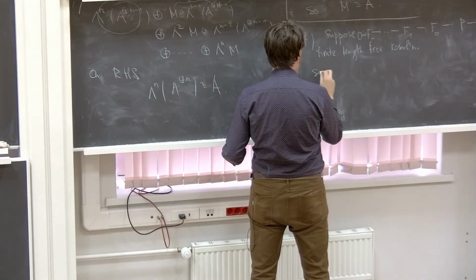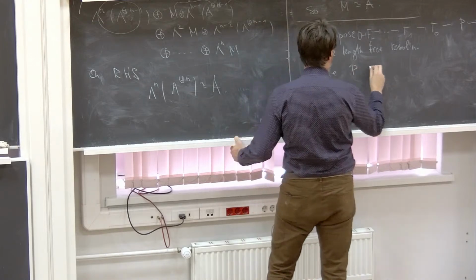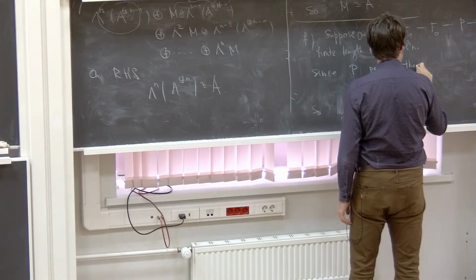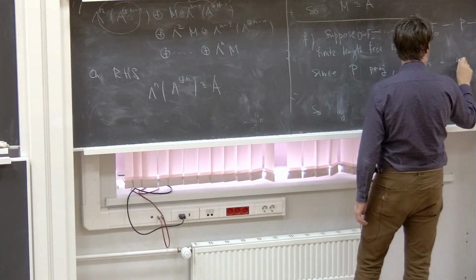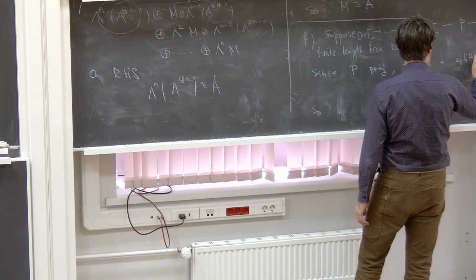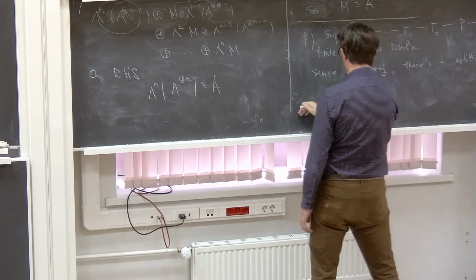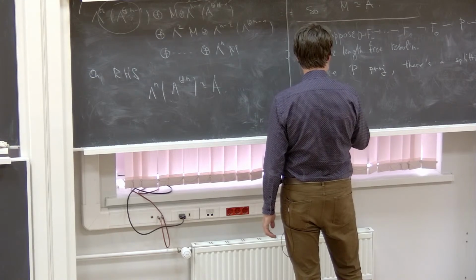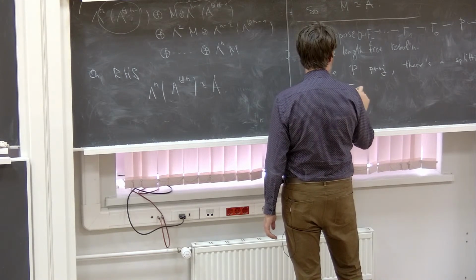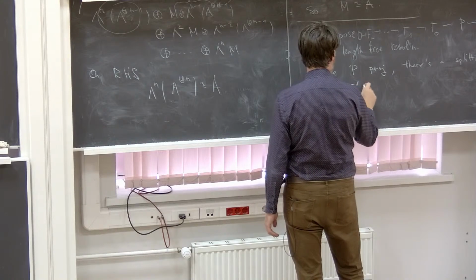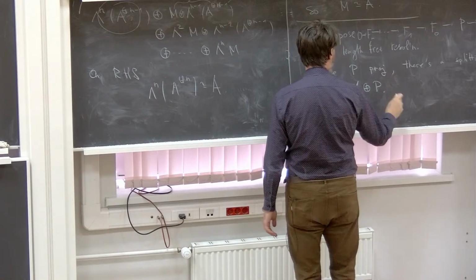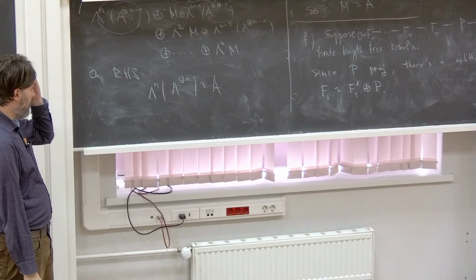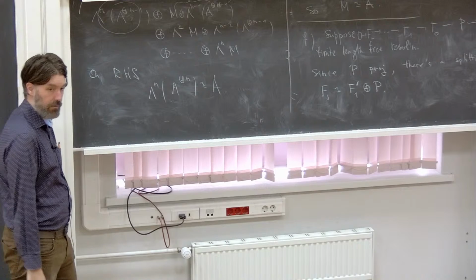So since P is projective, there's a splitting of F0 as the image of F1 plus P. Just choose any splitting, and then the complement will be F1 prime, which will be isomorphic to the image of F1.